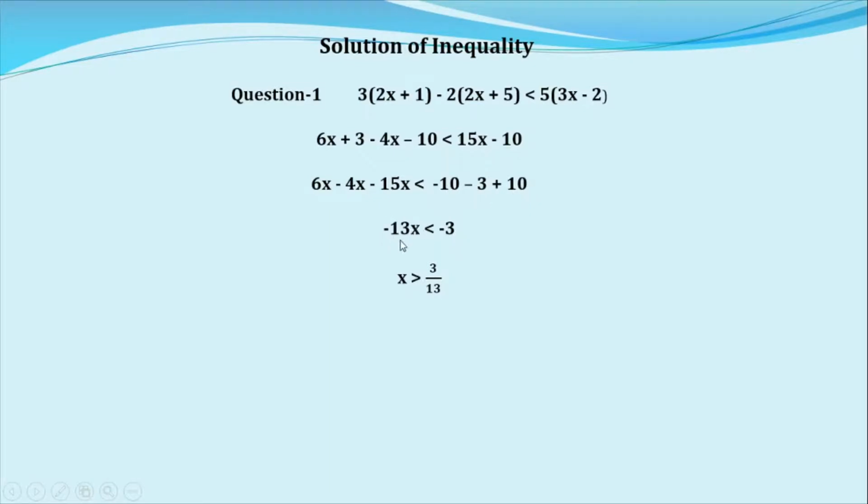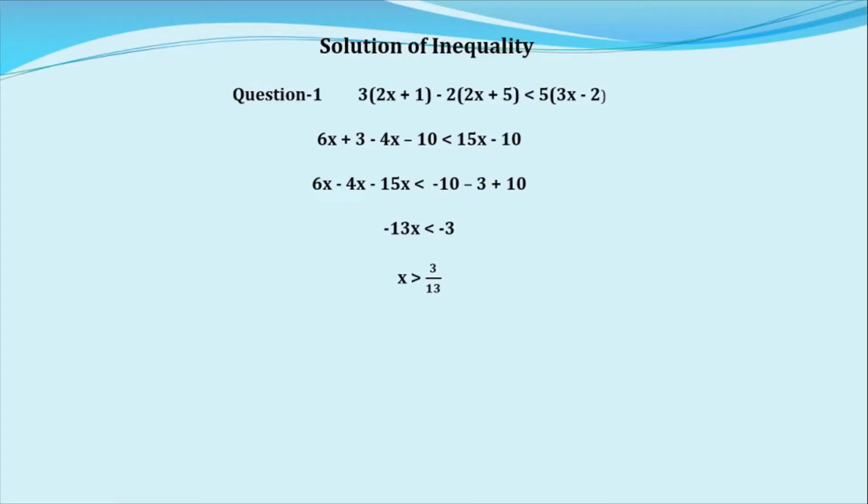So if we divide by minus 3 on both sides of this inequality, what will happen according to that rule? Minus 3x divided by minus 3, minus minus will be cancelled and this symbol will be reversed. It was less than, it will become greater than, because we have multiplied with a negative number on both sides.